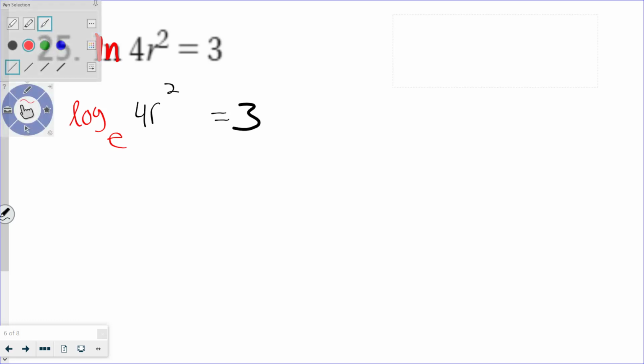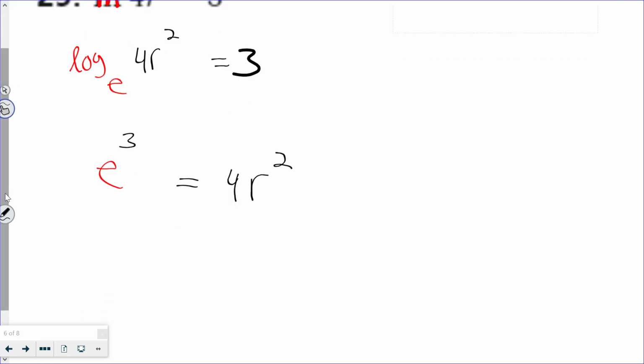Nice. E to the third. Beautiful. E raised to the third equals 4r squared. Haley P is on the scene. Spencer. Divide by 4. Y'all are rocking and rolling.